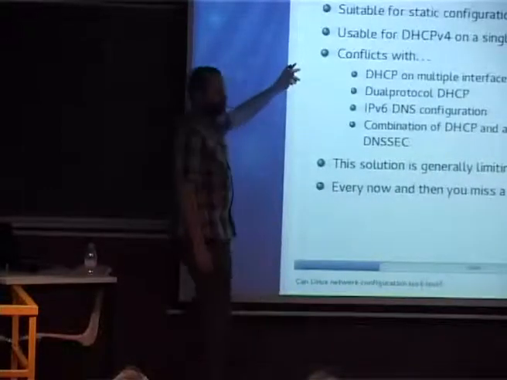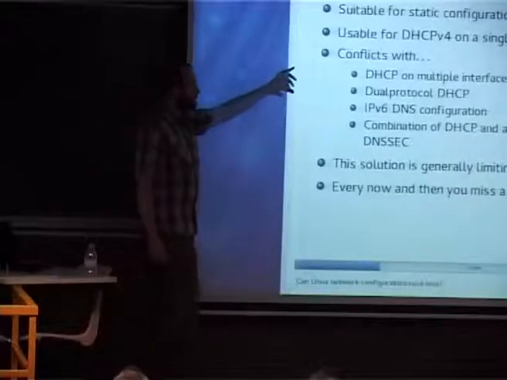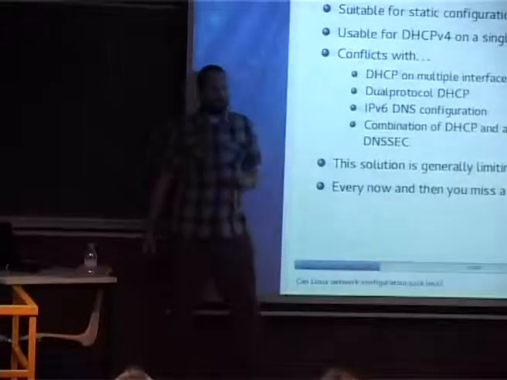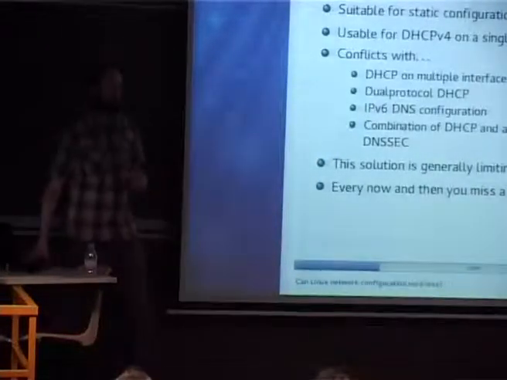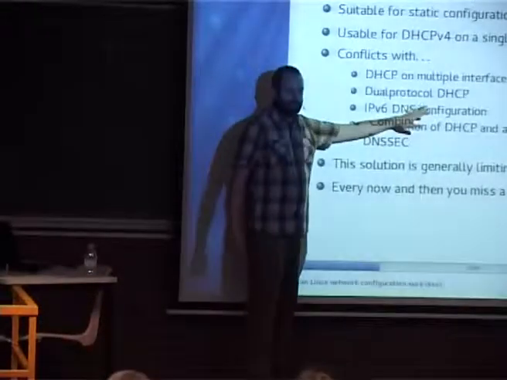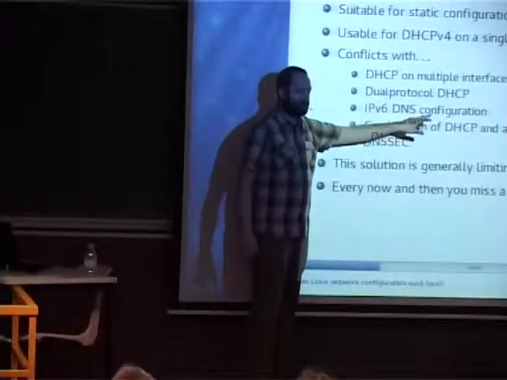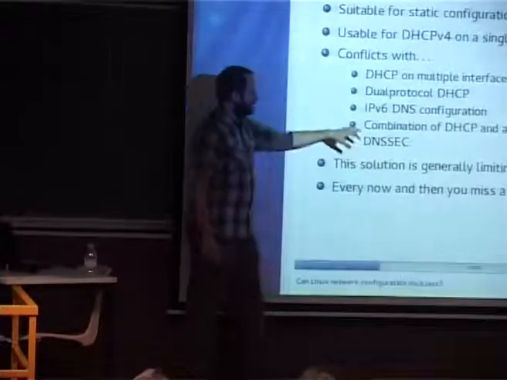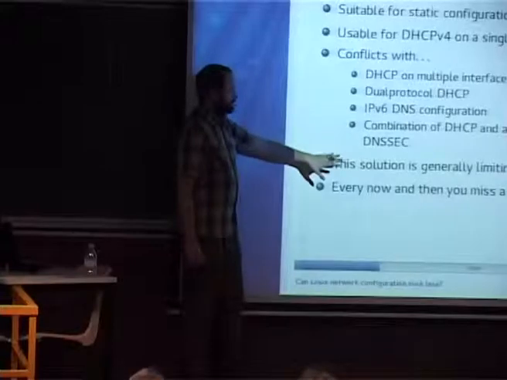I don't want to repeat myself, but the biggest problems are when you want to do DHCP on several interfaces, or even when you want to do IPv6 autoconfiguration with DNS and DHCP for IPv4 at the same time. You're getting all sorts of these problems.